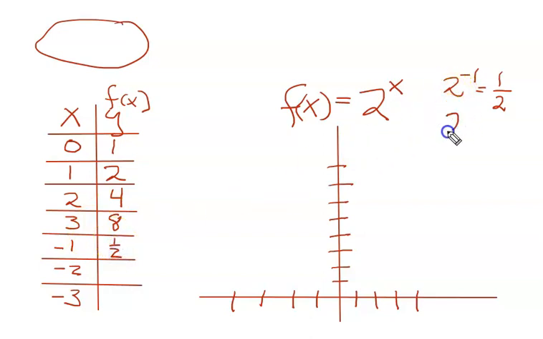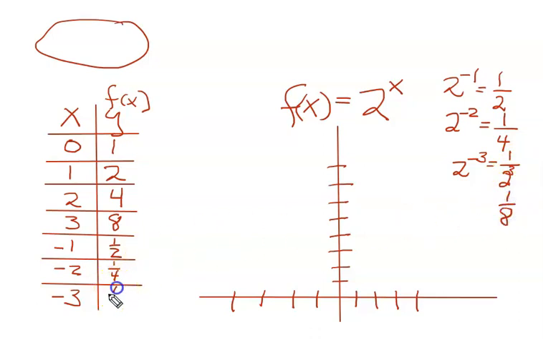And 2 to the negative 2, again, that becomes 1 over 2 to the second, which is 1/4. And then 2 to the negative 3 is 1 over 2 to the third, which is 1/8.